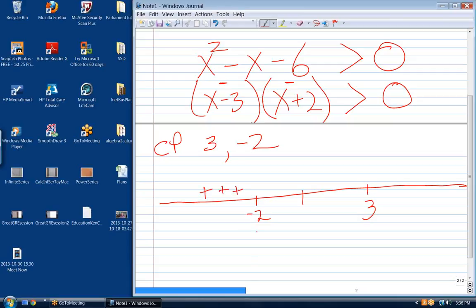And what that tells me is that if I use an x, anything to the left of -2, I'm going to get a positive result from that. Okay. If I use an x in between these critical points, let's plug in 0. Well, now I have a negative times a positive, so these are all going to be negative.